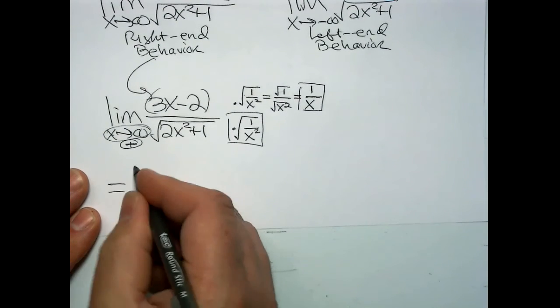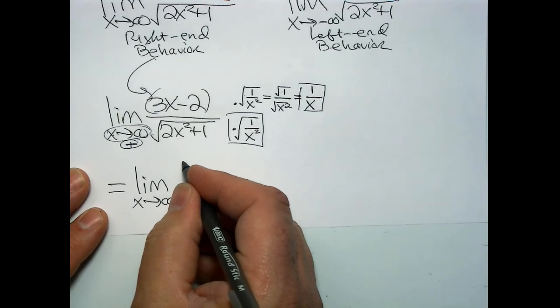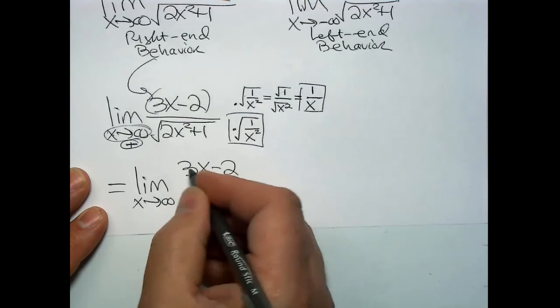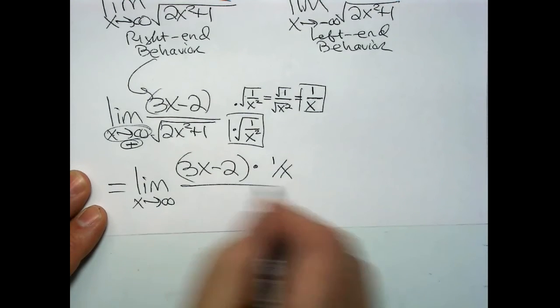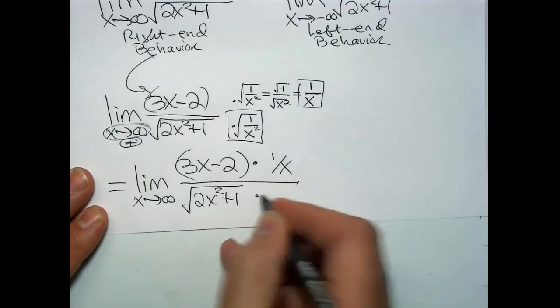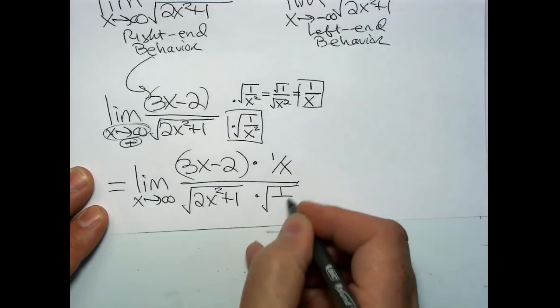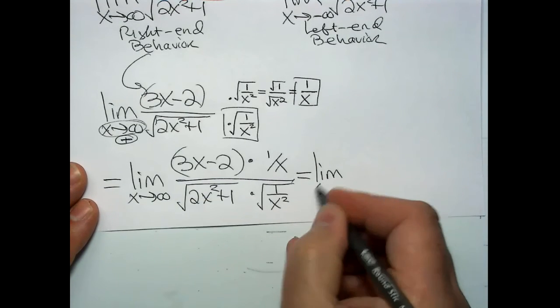All right, let's work this one out. So it's going to be 3x minus 2 multiplied by 1 over x on top. It's going to be the square root of 2x squared plus 1 multiplied by a square root, thankfully, so they do go together on the bottom. What do we get from all that?